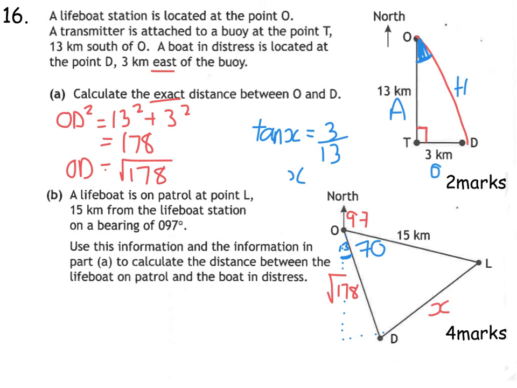Right, so from there, I know my angle and two sides in between. It's going to be the cosine rule again. So it's going to be x squared equals 15 squared plus the square root of 178 all squared, which will just cancel out, take away 2 times 15 times root 178 times cos of 70.